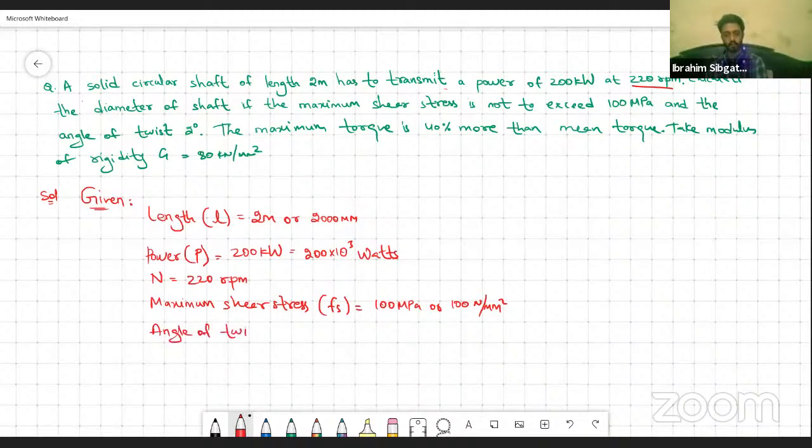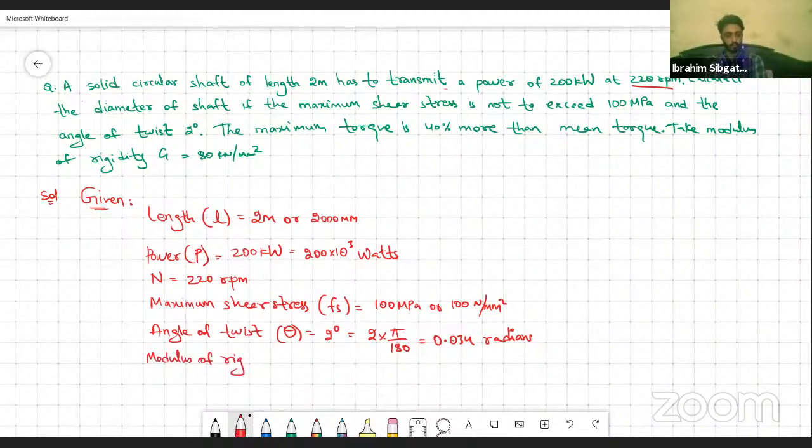Angle of twist theta is 2 degrees, but as I told you, we have to get this in radians. So we multiply this 2 by pi by 180, and this will give an answer in radians. To convert degrees into radians, we have to multiply by pi by 180. So we have the angle of twist, and then the final thing, which is the modulus of rigidity.